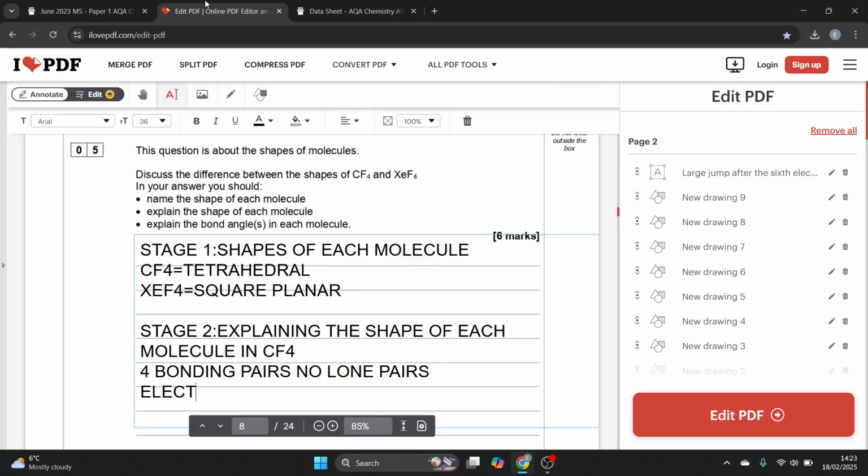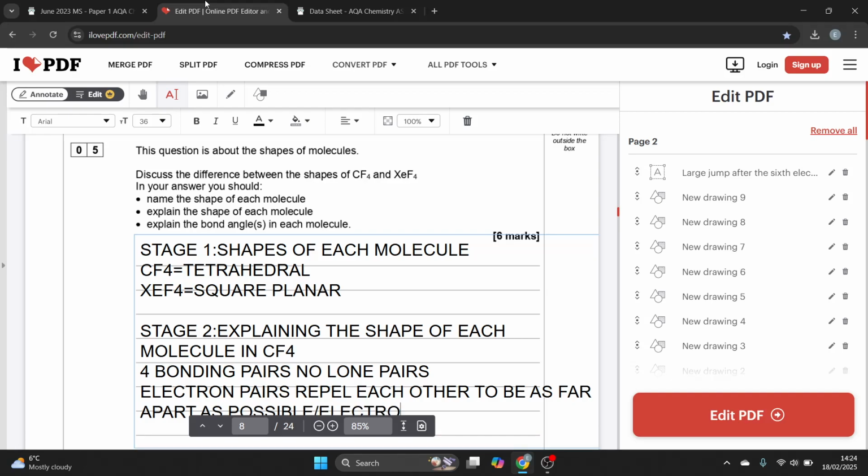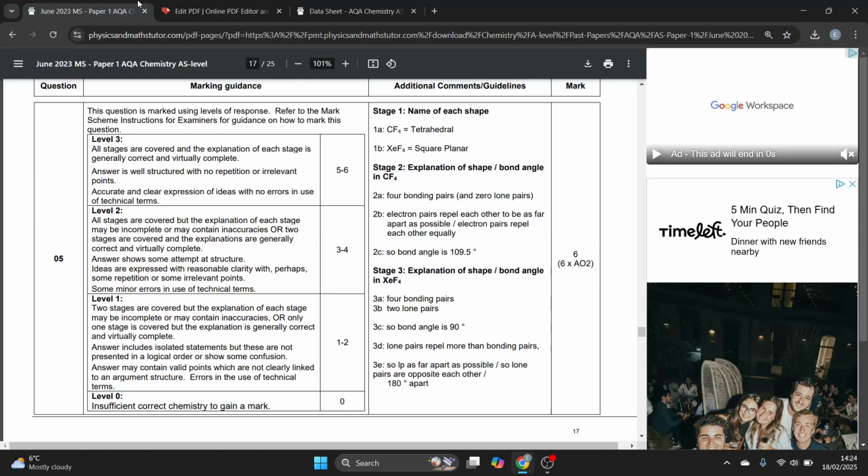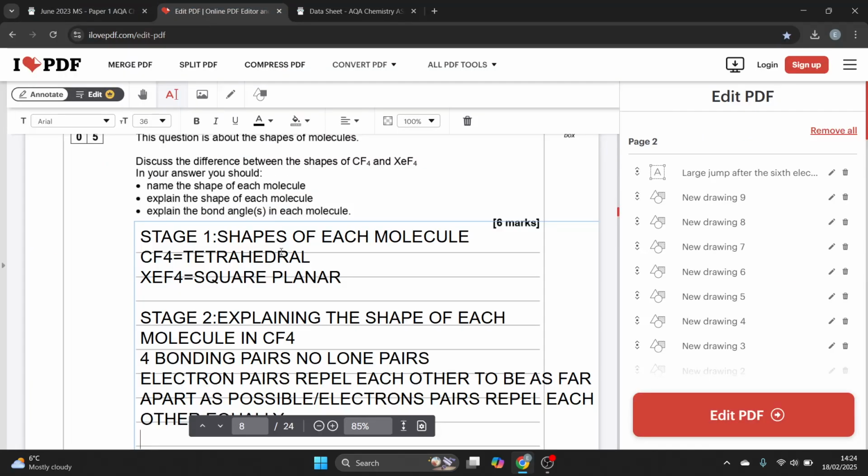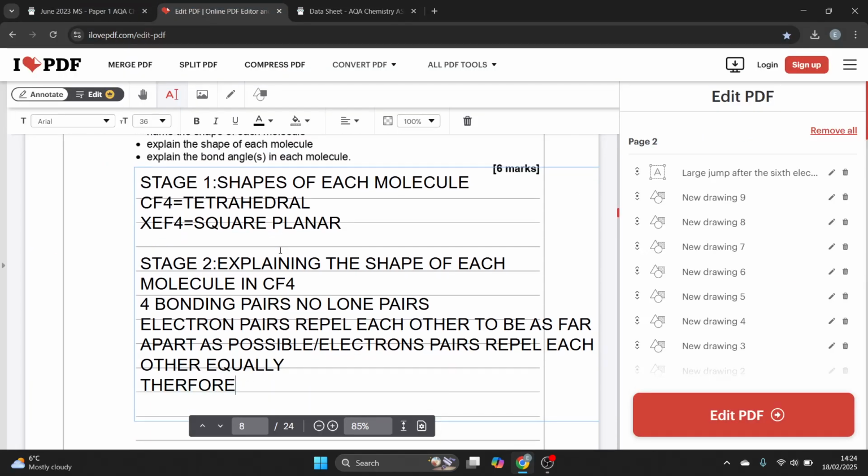Electron pairs repel each other equally, and then therefore bond angle is 109.5 degrees.